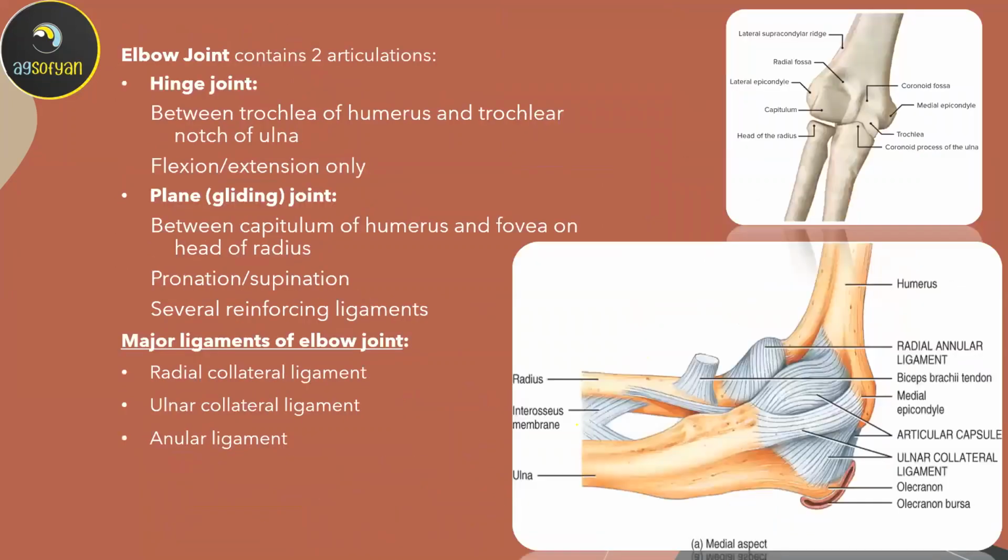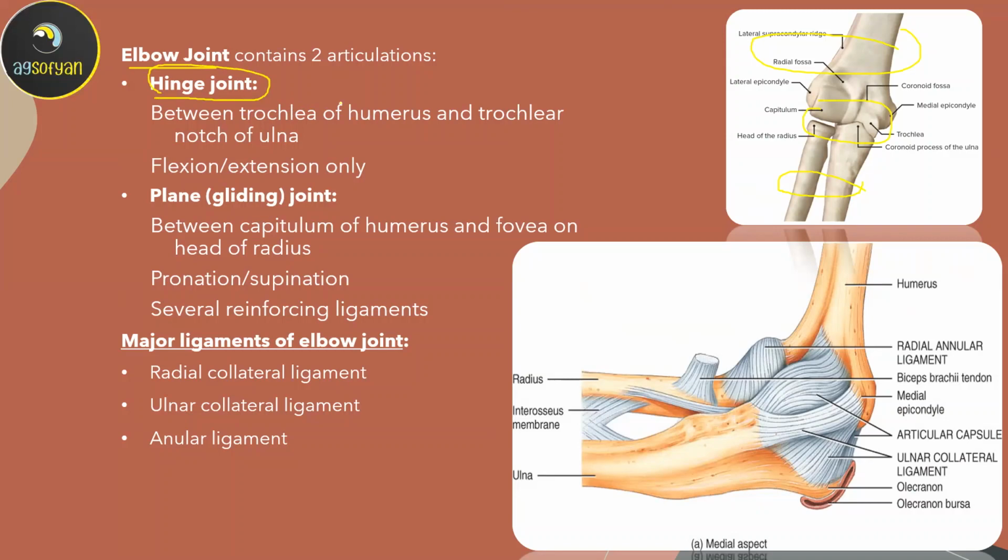The next one is the elbow joint, which is the connection between the humerus, the upper arm bone, and the two lower arm bones, which are the radius and ulna. So radius is the bigger one, and ulna is the smaller one. Now, there is a connection over here, and this connection is called the hinge joint.